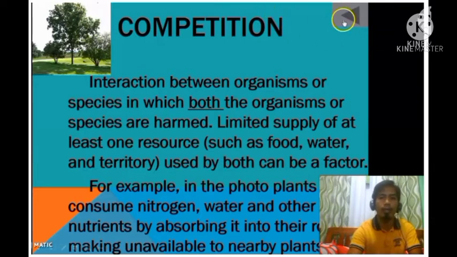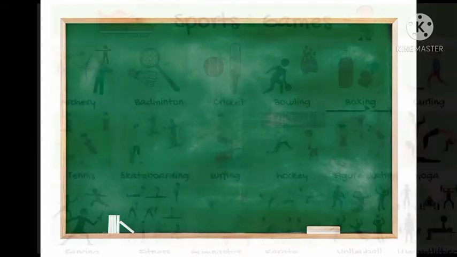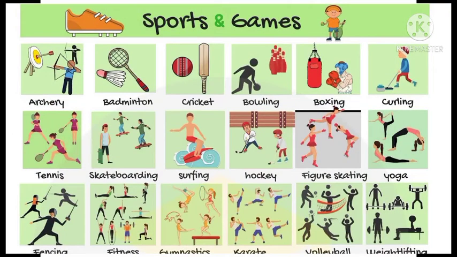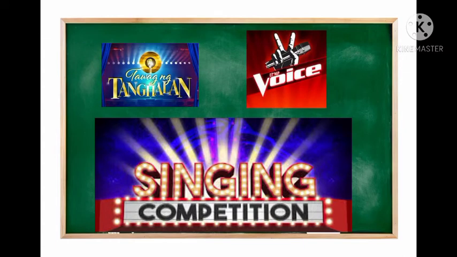So that is competition. Let's have another example of competition. In this photo, the chickens are competing with one another for food in order to survive. Humans also compete with one another in different sports like basketball, badminton, soccer, and the like, or in a singing competition like Tawag ng Tanghalan and The Voice.